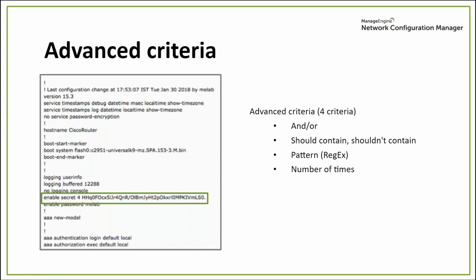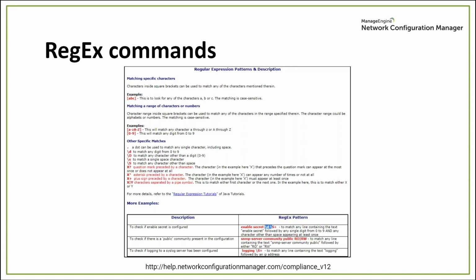Let me show this to you in the UI so you'll be able to understand better. Also, let me tell you that you can access the help page in Network Configuration Manager, where we have listed regularly used regular expressions, and this can be handy in case you wish to execute compliance using advanced criteria.